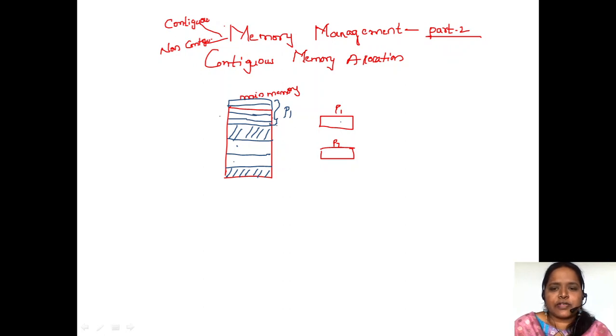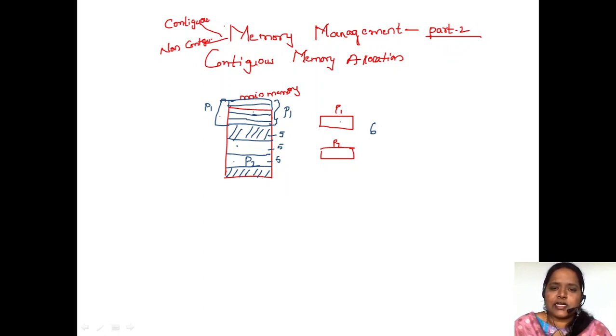In contiguous allocation, this whole slot is allocated to the P1 process and this whole slot to the P2 process. Suppose P1 has 6 instructions, but my partition can accommodate only 5.